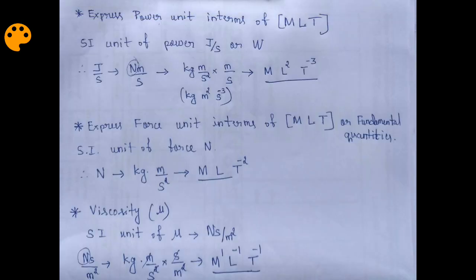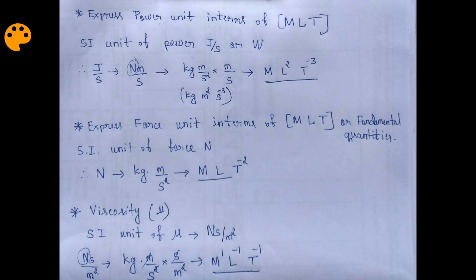So now express power in terms of MLT. SI unit of power is joules per second or watt. If I write joules per second in a simple way, it can be written as Newton meter per second. Joule is actually a unit of work, and work is force applied times distance traveled.